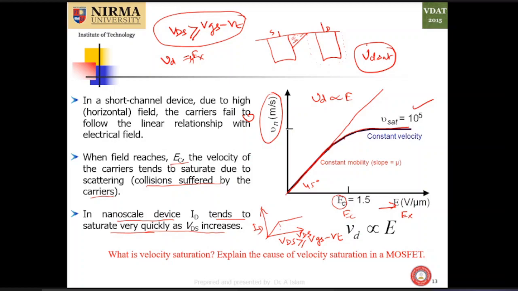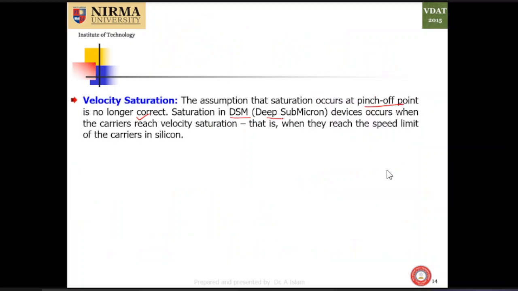No, we are talking about the saturation drift velocity. It may occur even before saturation appears due to this condition in the saturation region. The assumption that saturation occurs at the pinch off point is no longer correct in short channel MOSFETs. Saturation in DSM, deep submicron devices, occurs when the carriers reach velocity saturation, that is, when they reach the speed limit of the carriers in silicon.